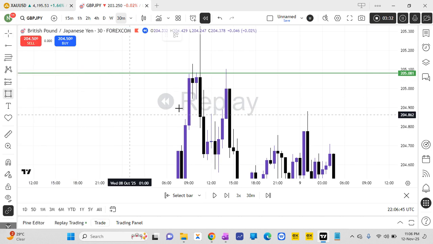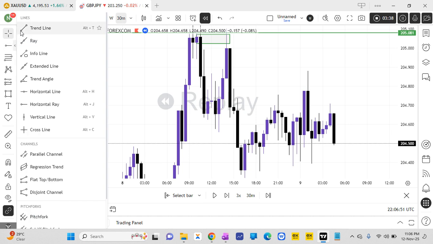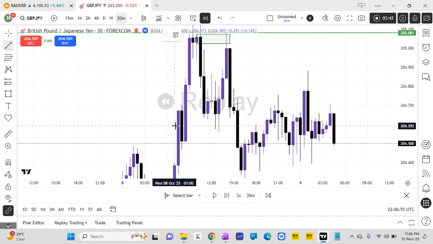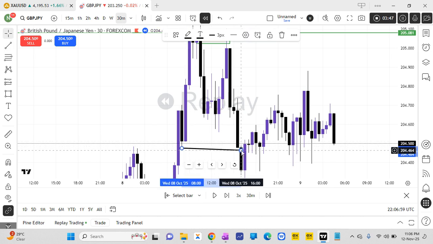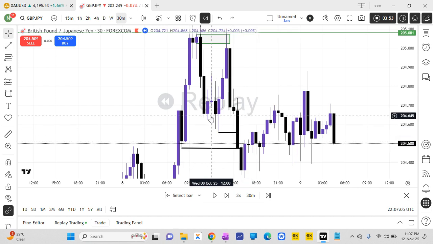After the long wick, if you go to a lower time frame, this is a change of character inducement. So the market started selling, then this is a break of structure. You can still see it from another point here. If you know what a double break of structure is, consider it a double break of structure because it took out this high and this other one.